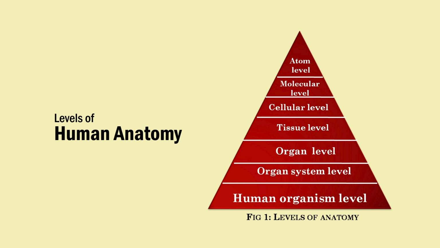Then the second level is the molecular level. Third level is the cellular level. Fourth is the tissue level. Fifth level is the organ level. Sixth level is the organ system level. And finally, the 7th level is the organism level.